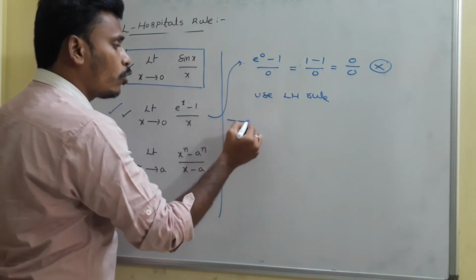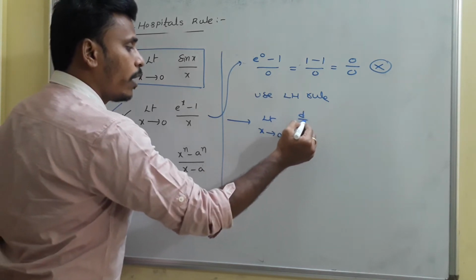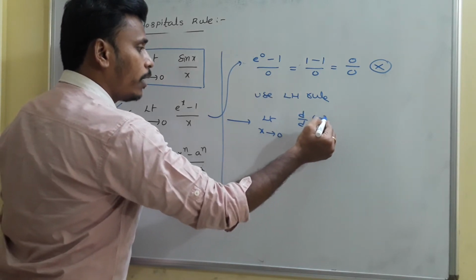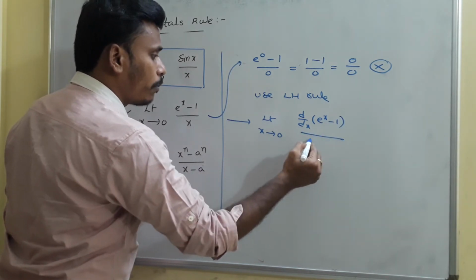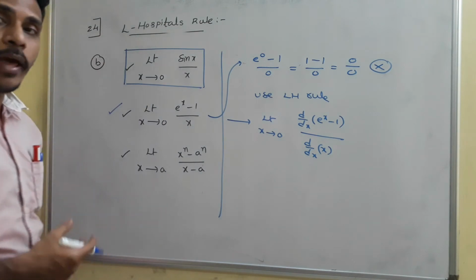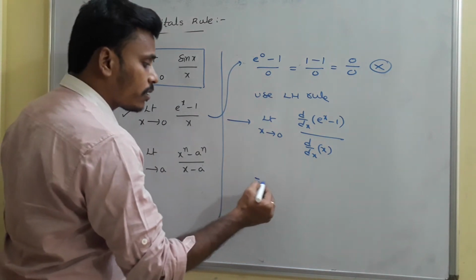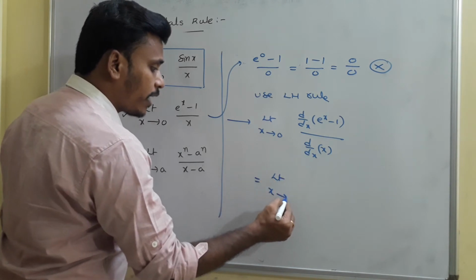According to L'Hospital rule, the limit value, the answer is simply limit x tends to 0, derivative of the numerator, d by dx of e power x minus 1, by d by dx of x. See, this L'Hospital rule actually requires your knowledge related to differentiation, as I said. And this equals limit x tends to 0.